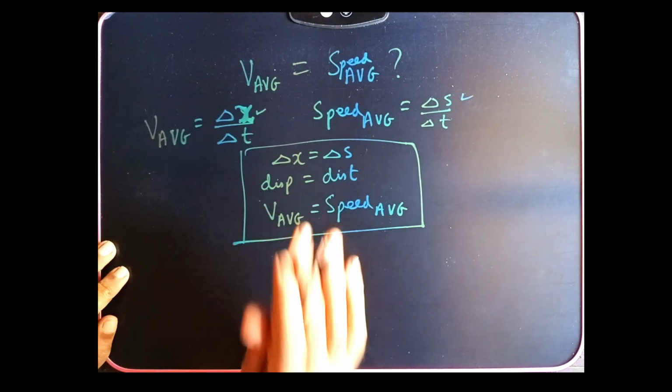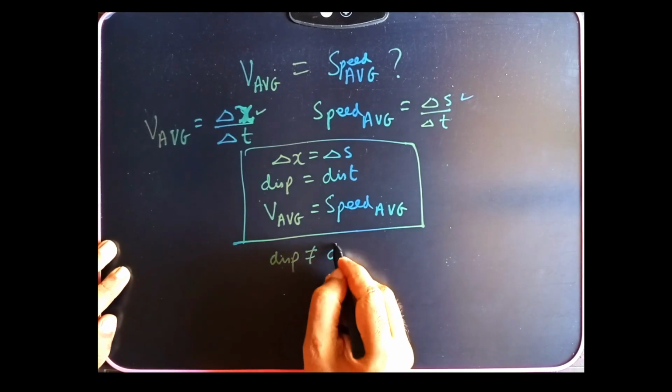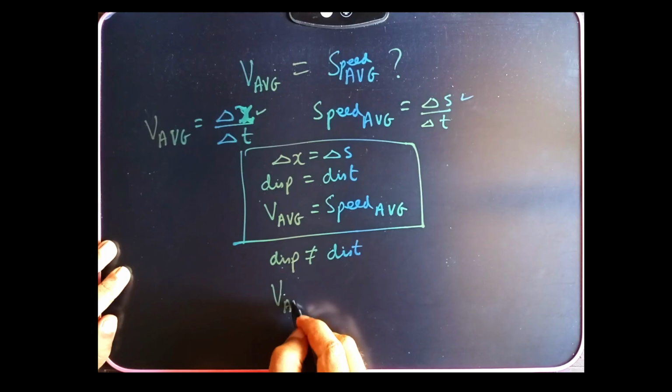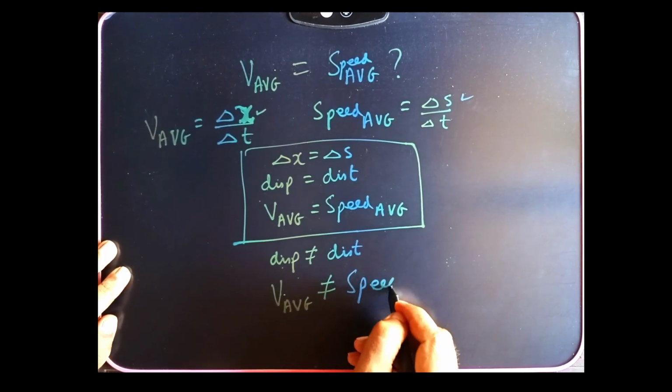So it is clear from here now, when displacement is not equal to distance, then average velocity is not equal to average speed.